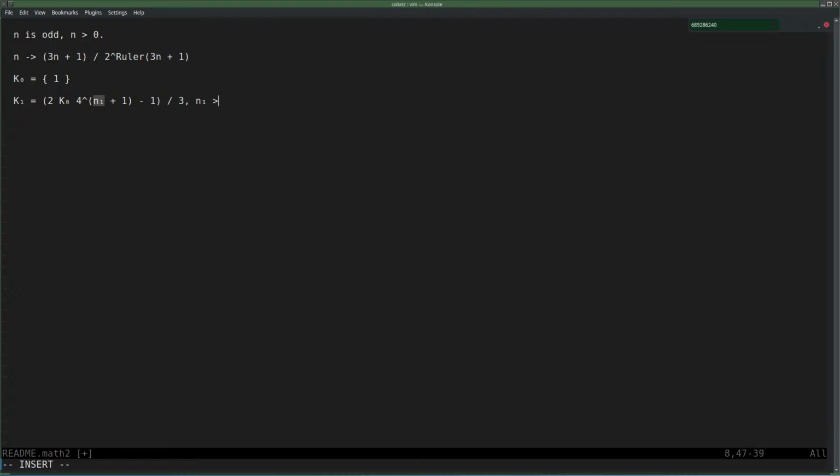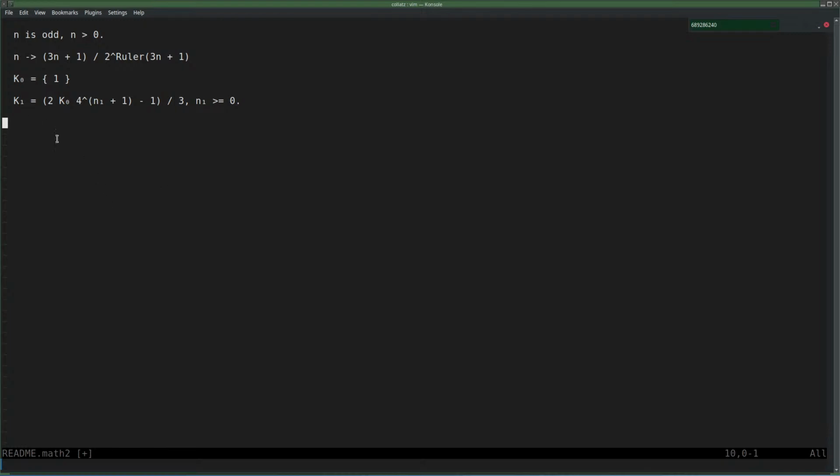Actually, N1 started at 0. We'd say maybe we should start it at 1, and then I can leave out this +1, but hey, I want to start at 0.